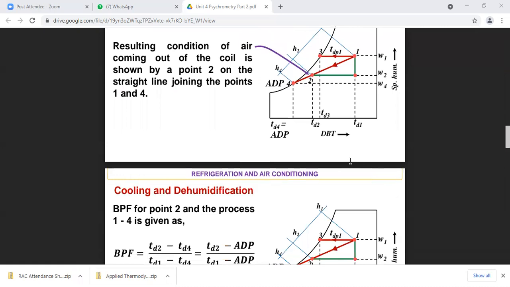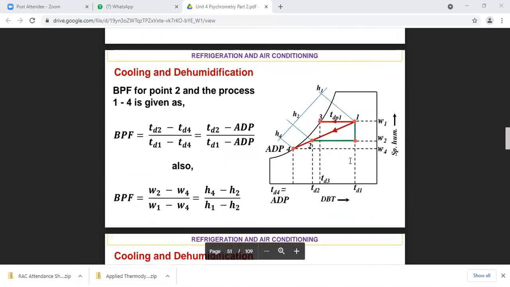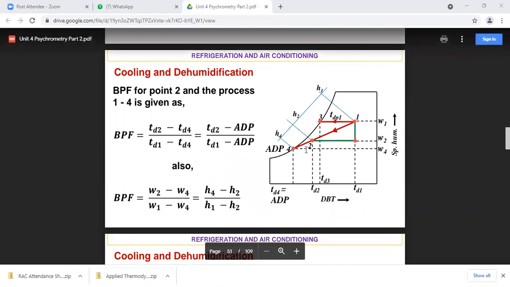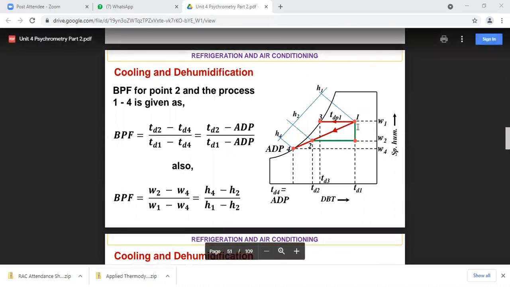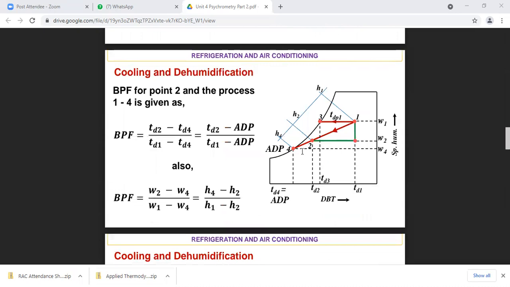So we are getting this cooling with dehumidification process, and we are going to calculate the bypass factor. The bypass factor is TD2 minus TD4 upon TD1 minus TD4, because the temperatures we are considering relate to points 2, 4 and 1, as we cannot say it directly here.